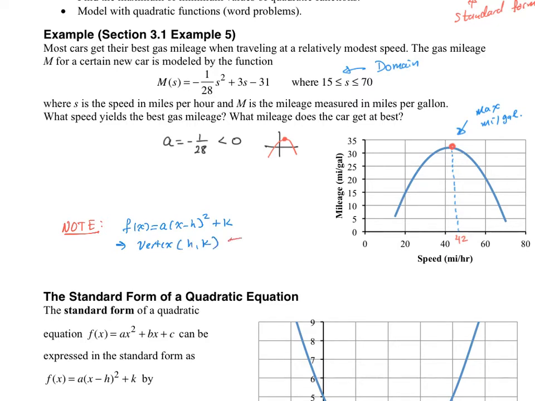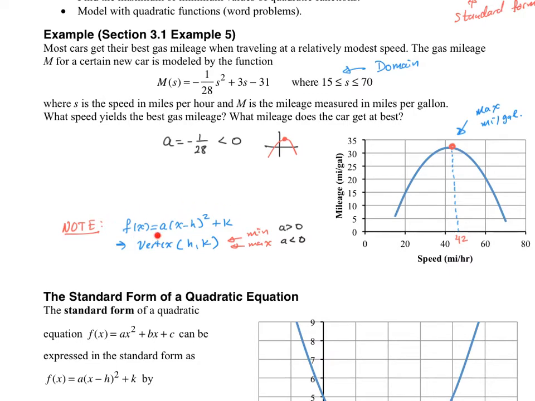And the vertex is either the minimum or the maximum, depending on whether a is positive or negative. So if a is positive, it will give you a minimum. If a is negative, it will give you a maximum.